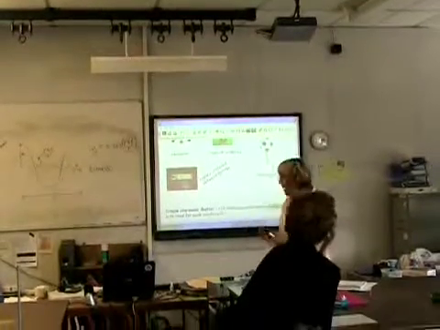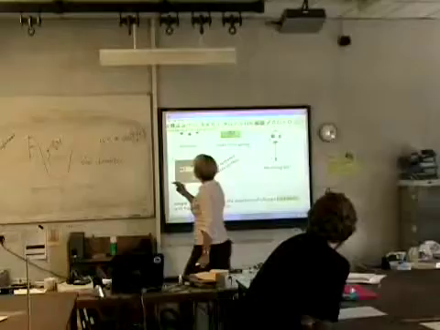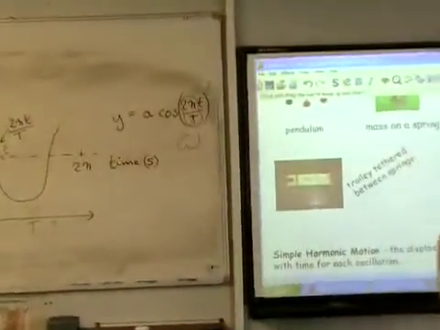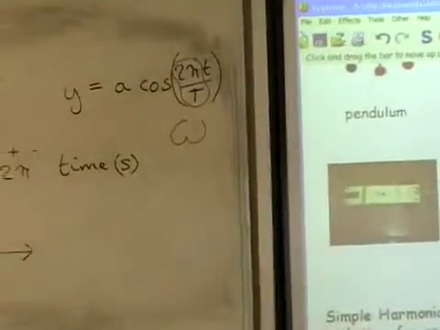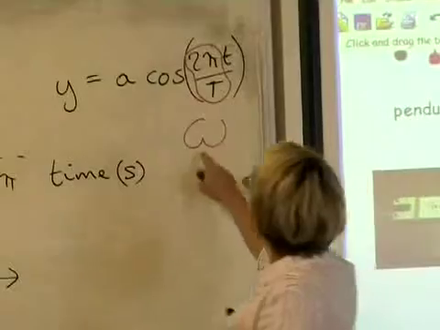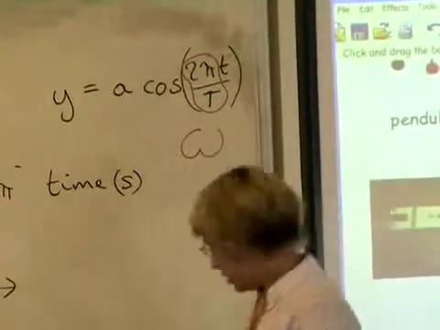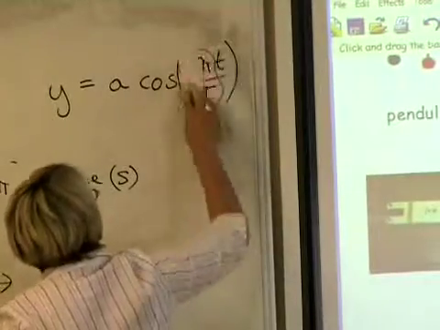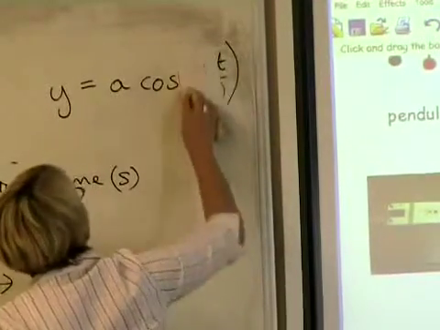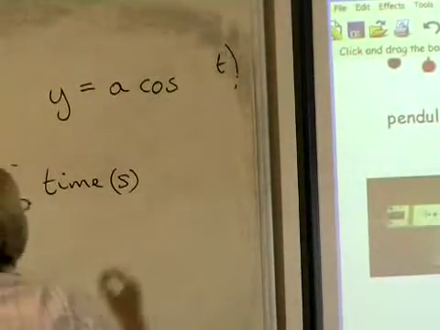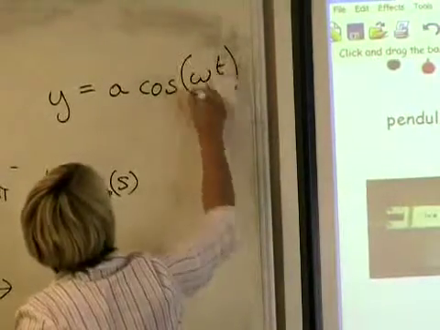And it has a symbol, omega, okay? So we're going to be using that, and we're going to substitute that into there. So this is your basic equation for this type of wave, omega t.